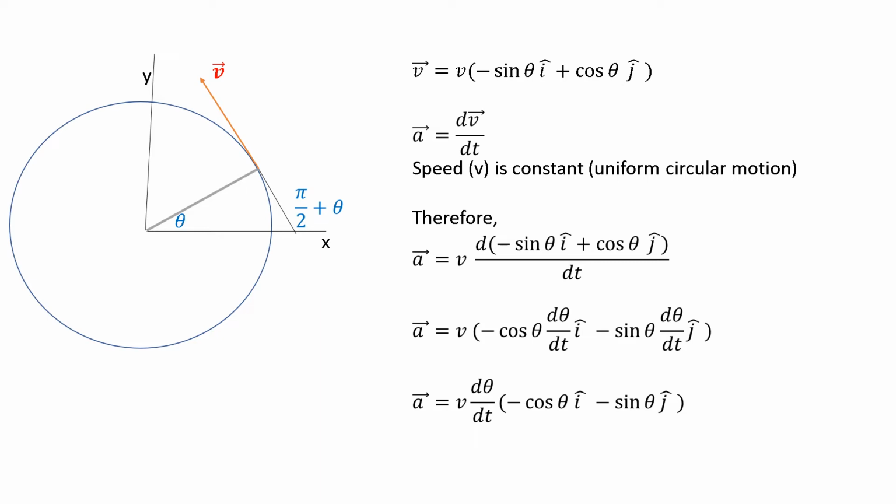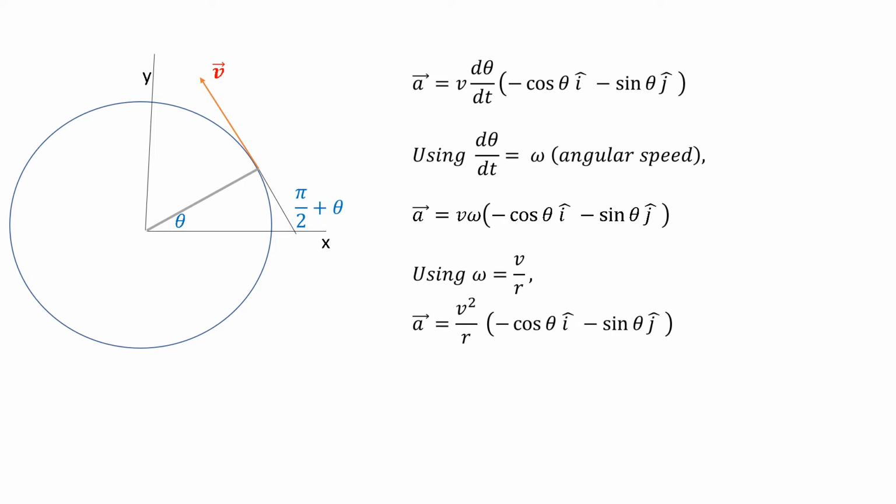So the differential of minus sin theta with respect to time will be minus cos theta into d theta by dt. Similarly, the differential of cos theta with respect to time is minus sin theta into d theta by dt. Now let us take v into d theta by dt as a common factor. So we get acceleration equals v into d theta by dt multiplied by minus cos theta i minus sin theta j.